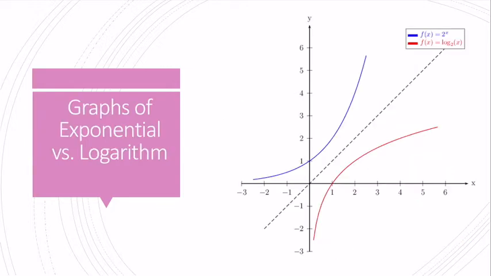Here's a visual. So if I have f of x equals 2 to the x, f of x equals log base 2 of x is going to be its inverse. So for example, I know that if x is 2, y is 4, right? Because if I have f of 2 for my exponential function, that's going to give me 4.